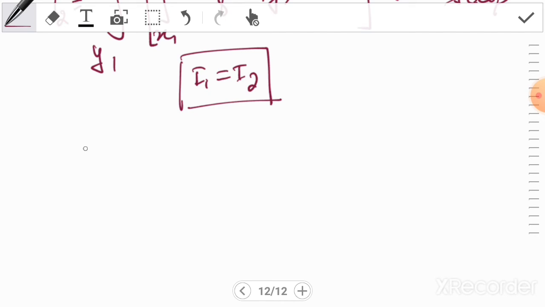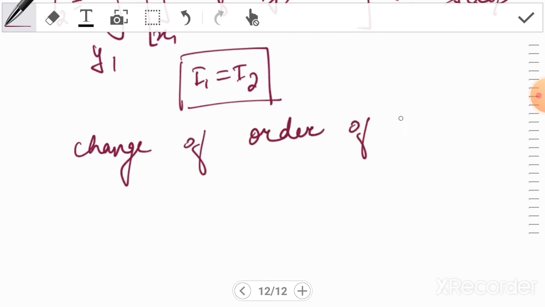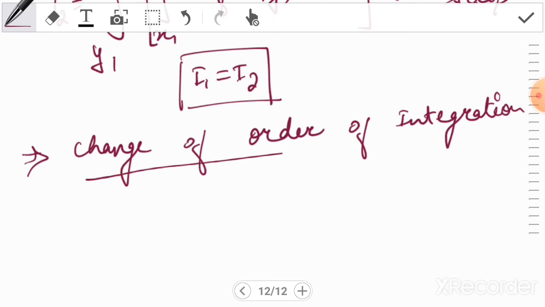Next to this is change of order of integration. Okay, change of order of integration facilitates the evaluation of a double integral. Let me take one example that will make the idea clear.